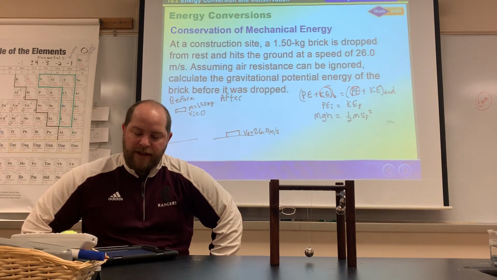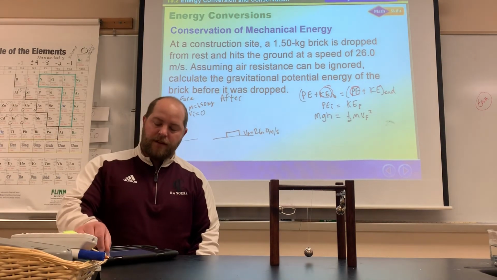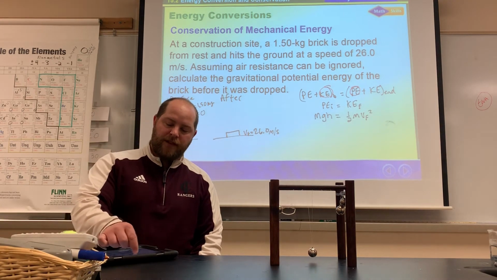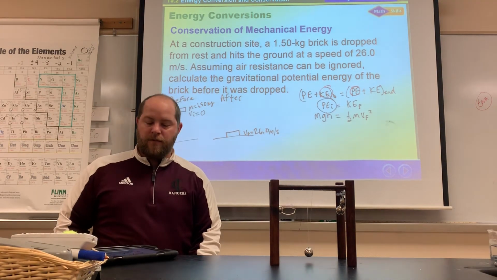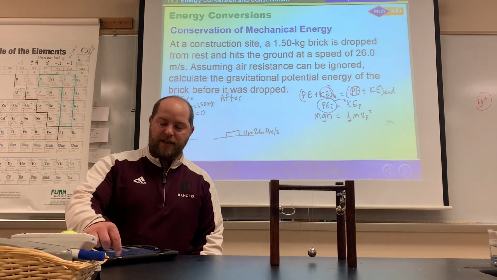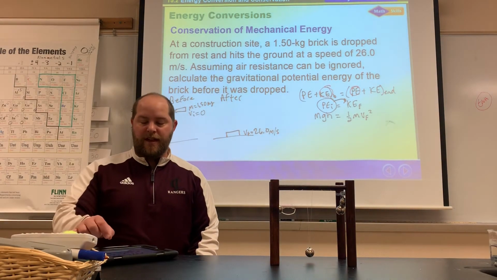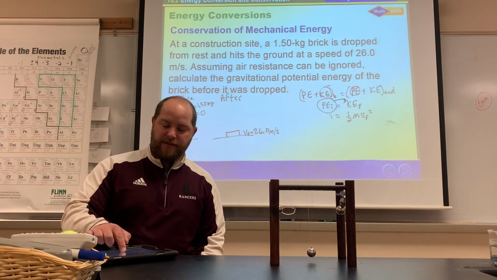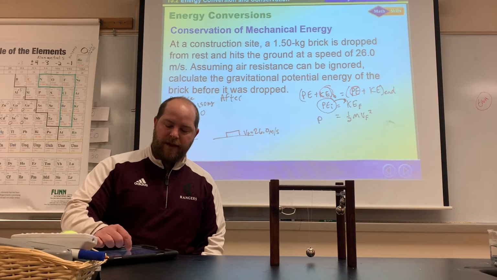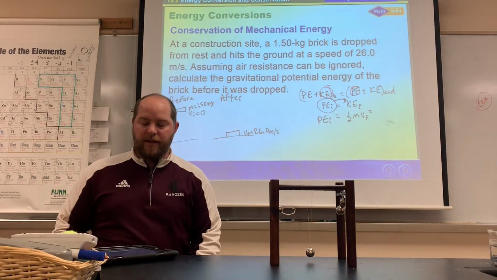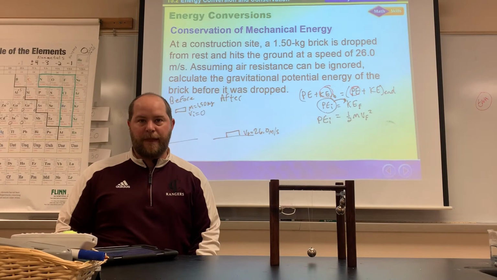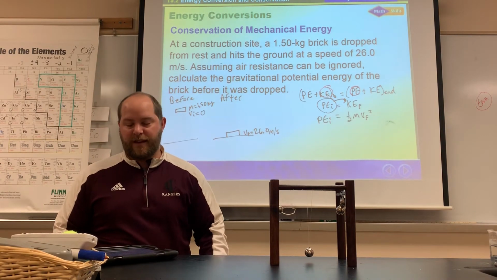It says calculate the gravitational potential energy of the brick before it was dropped. So we basically want to calculate this. Well, this essentially equals the Kf, so really I didn't have to expand this one out. I'll change that back. So really, the potential energy at the beginning equals the kinetic energy in the end.